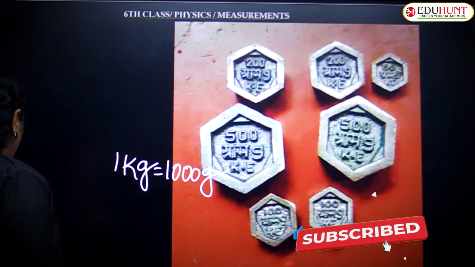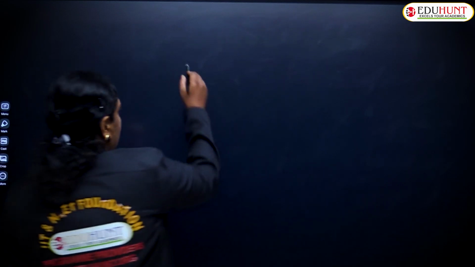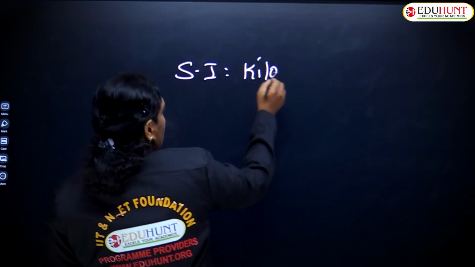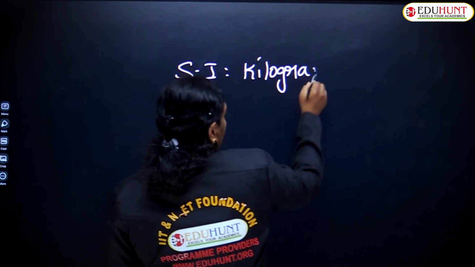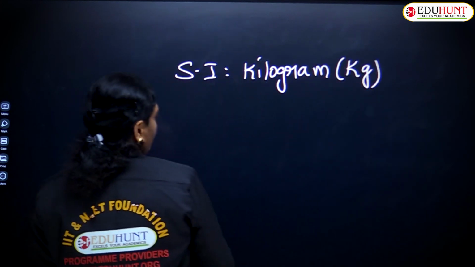So what is the SI unit to measure mass, children? Kilogram. Symbolically, it is represented as kg.